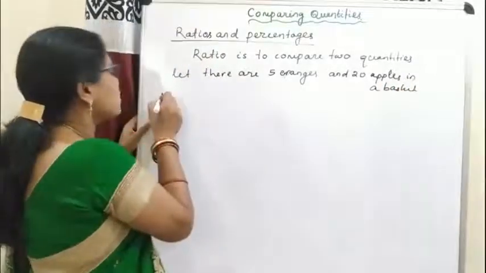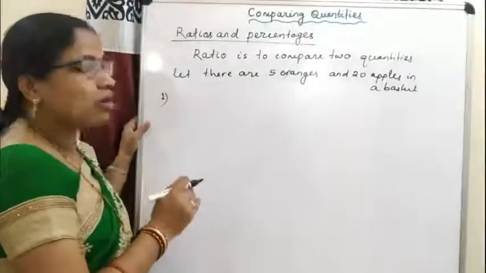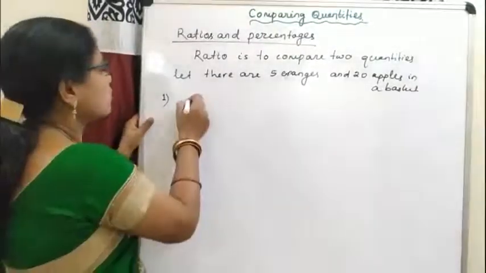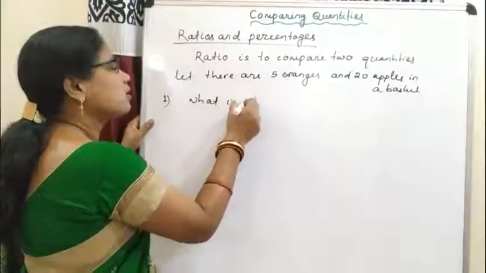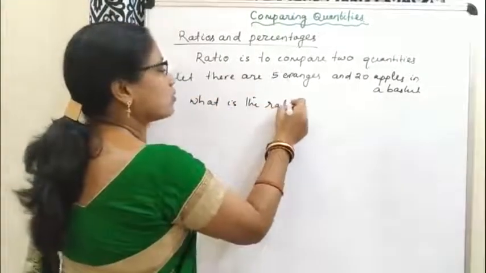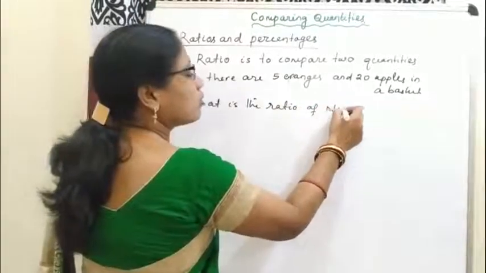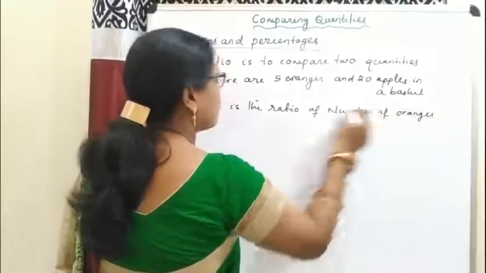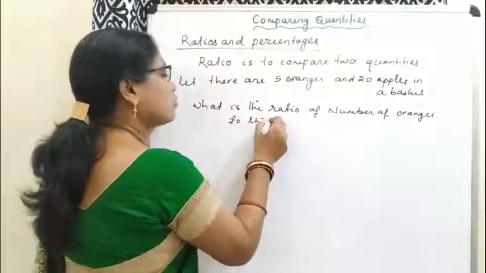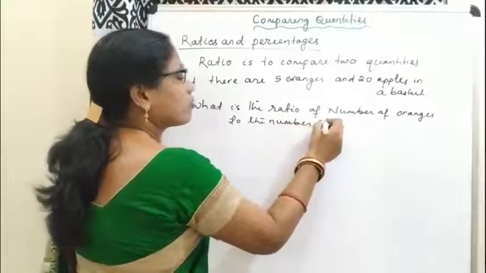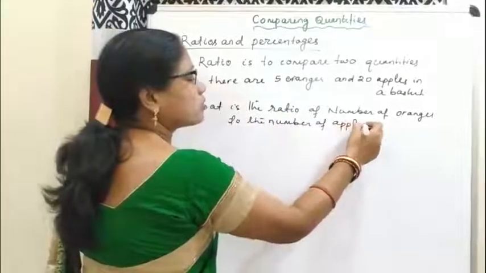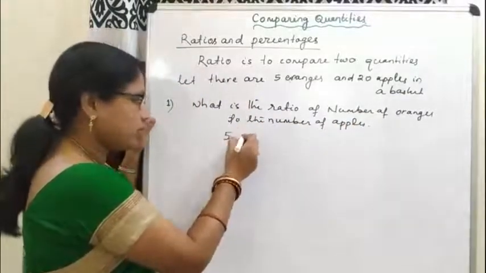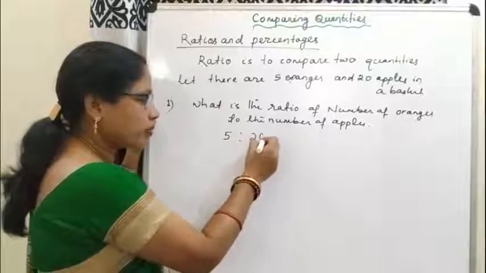Then first question is, what is the ratio of the number of oranges to the number of apples? So it can be denoted as the number of oranges is 5 is to the number of apples is 20.